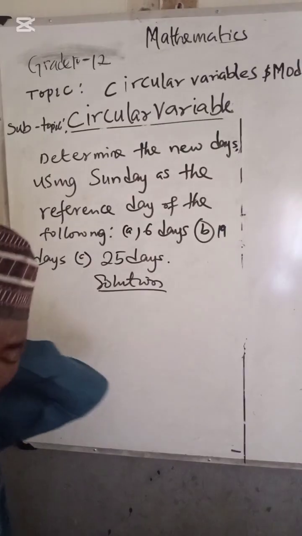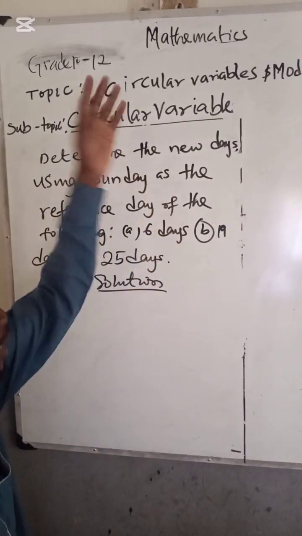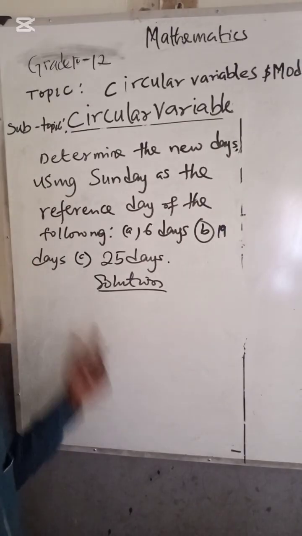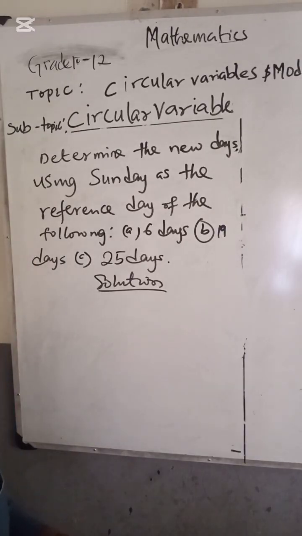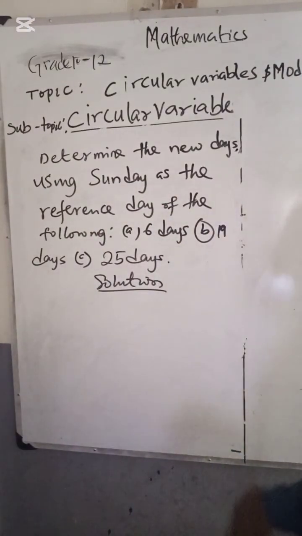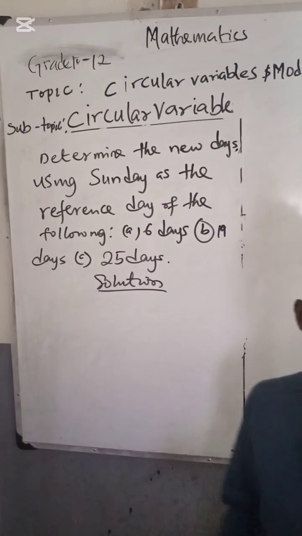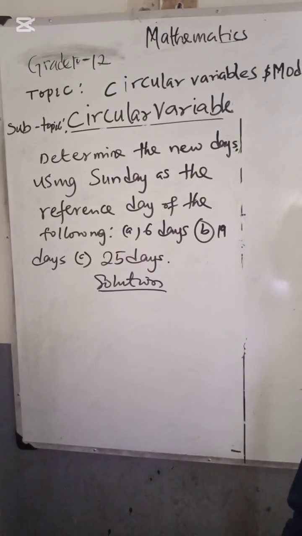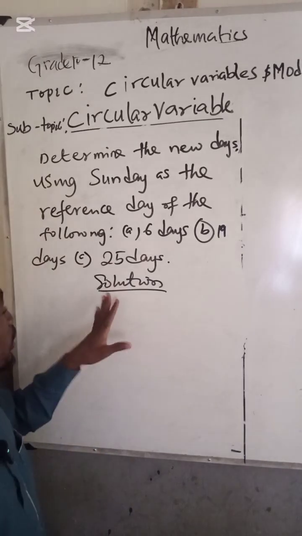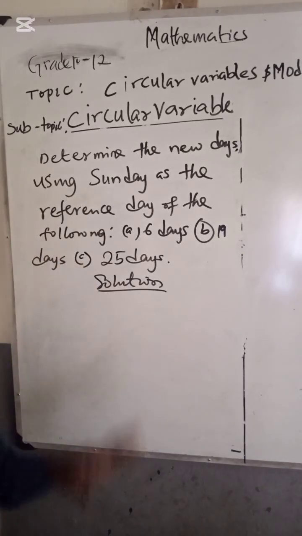If you followed our previous video on this same topic, you will recall that we defined what a circular variable means and how it is applied, using circumference to define the variable. Now we are going to apply that practical knowledge to solve this given task.